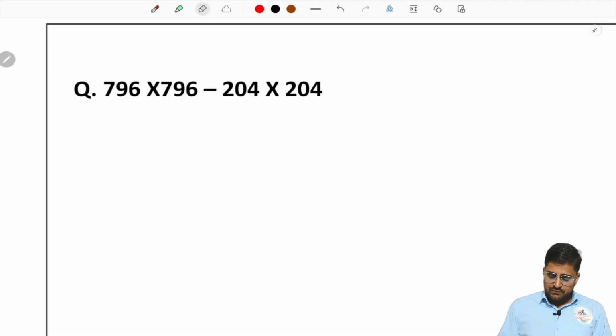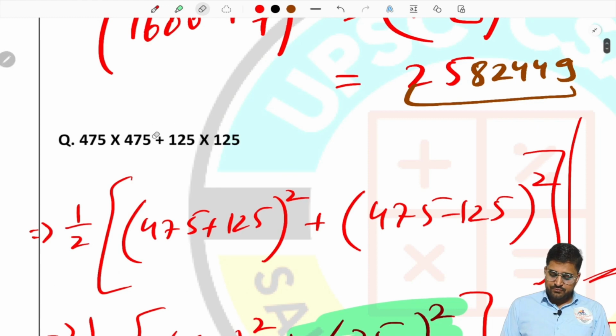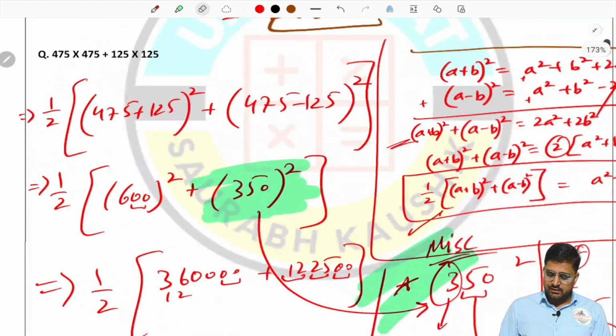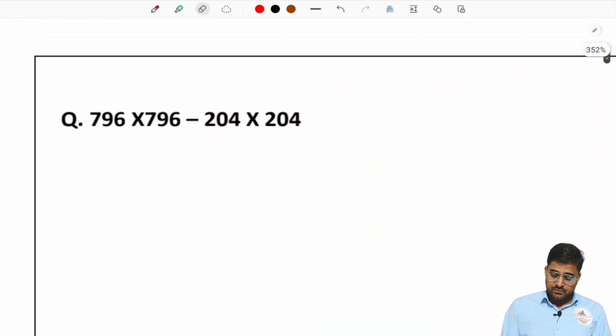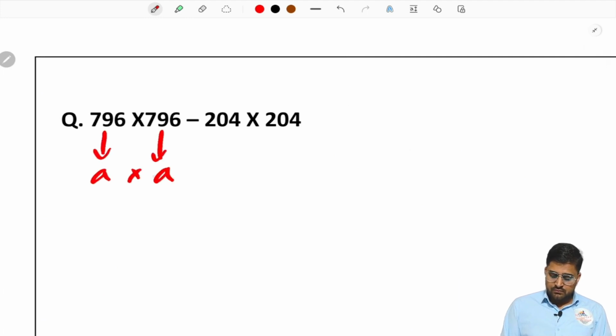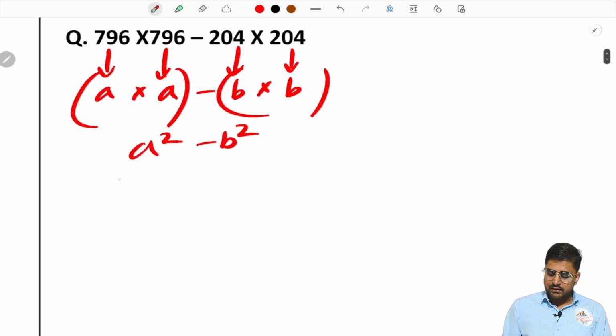This question is far easier than the earlier one. Here we have positives, so there is a direct identity. We made that identity here. Now in this question, it is a square minus b square, and we have the direct identity for that.